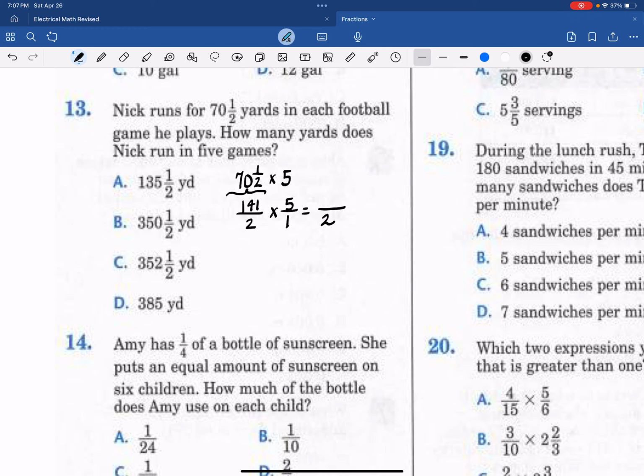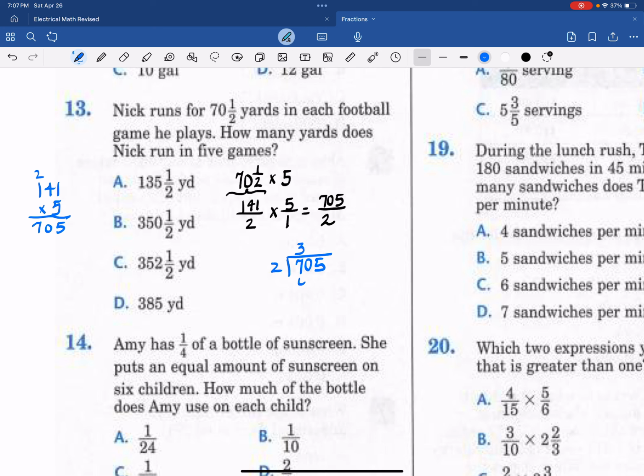So 141 times 5. Let me change colors and we'll work it. If you can do it in your head, that's fine. If you need to write it down, that's also fine. So that would be 705. And then I need to divide 705 by 2.